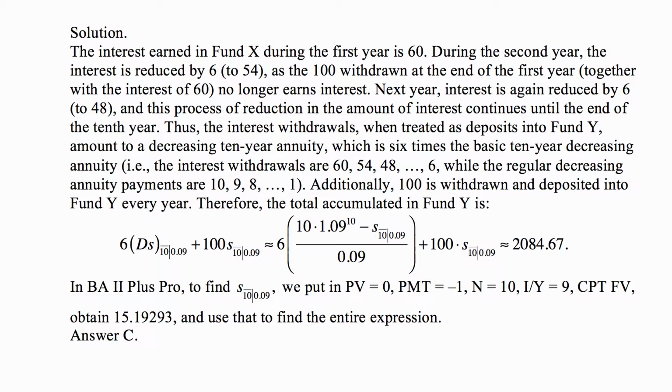And in BA II Plus Pro, you can find it by putting in present value of 0, payment of -1, because it treats it as paying off a loan, so you have to adjust for that. N is 10, interest rate is 9, and compute future value. And you obtain 15.19293 and use it with the numbers that you see here. And the answer is 2084.67. And that's answer C.